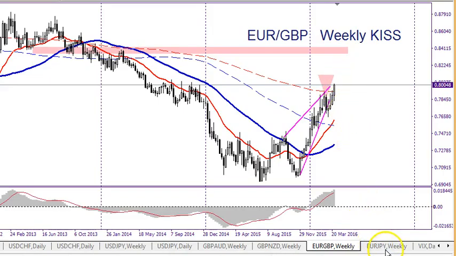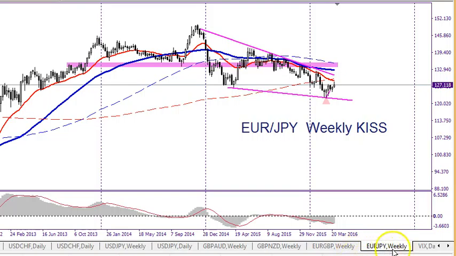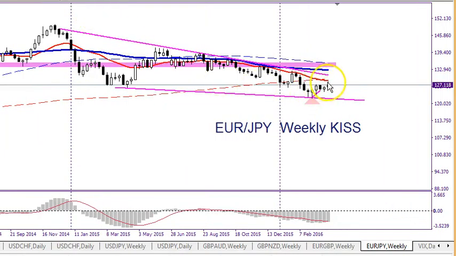And the final cross pair is the Euro Japanese yen. And again, on the weekly chart, I believe price here, let me just zoom in, could go a little bit higher. However, we've pretty well almost approached the 21 moving average and this trend line right here. But I believe price could go a little bit higher.